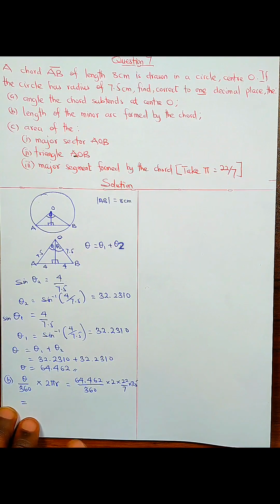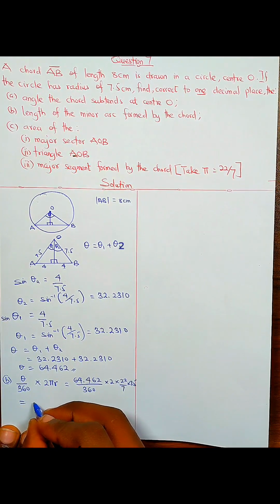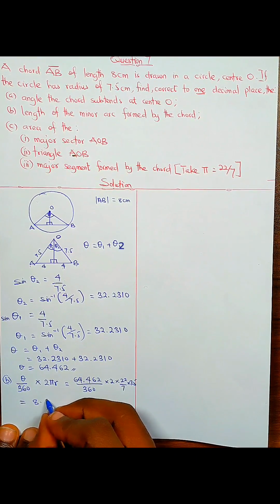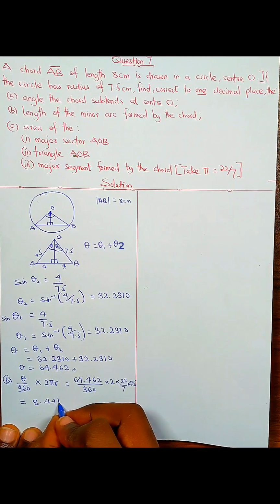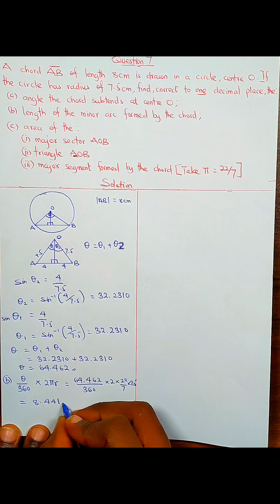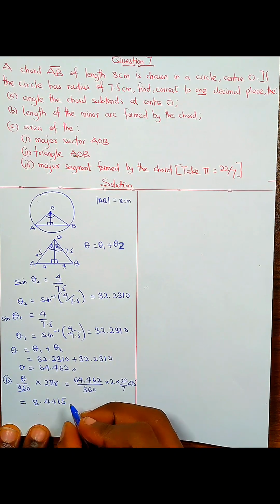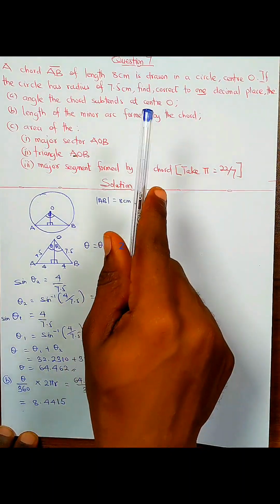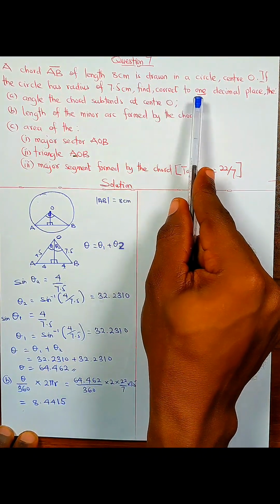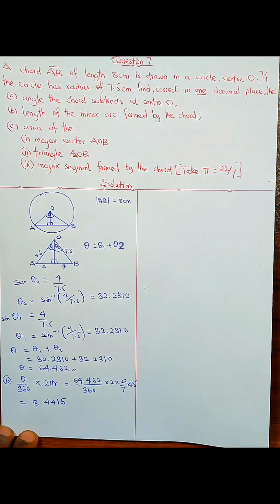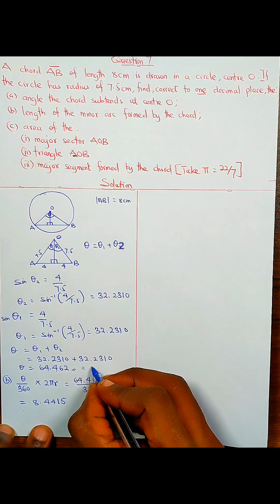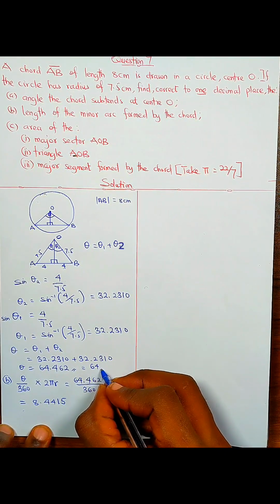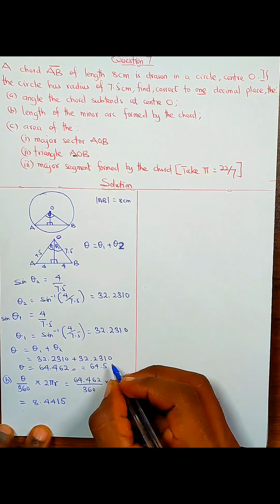So you can type everything on the calculator and then you just get the result. It's 8.4415 to 4 decimal places. But the question says to find correct to 1 decimal place. So the answer we got here should have been taken to 64.5.